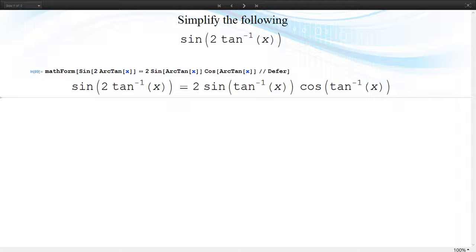And now we just need to figure out what sine of tangent inverse of x is and what cosine of tangent inverse of x is. And for that, let's go back to our triangle.